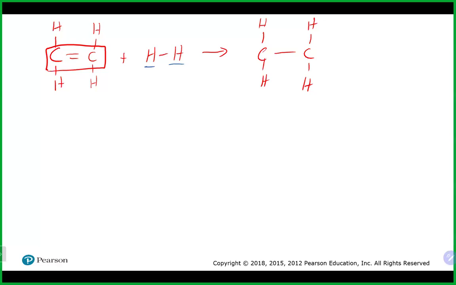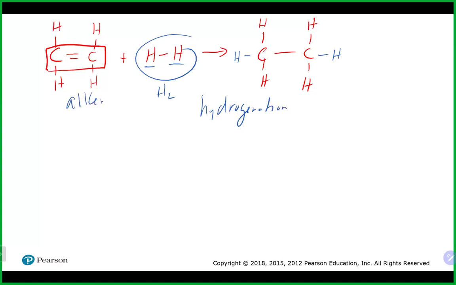So they always add to different carbons in the double bond. We could put an H there and an H there. Since this is H2, this is sometimes referred to as a hydrogenation reaction. A hydrogenation reaction will take an alkene back to an alkane by getting rid of that double bond. Remember, when we put the double bond on, we lost 2 hydrogens, so basically it's the opposite move here.